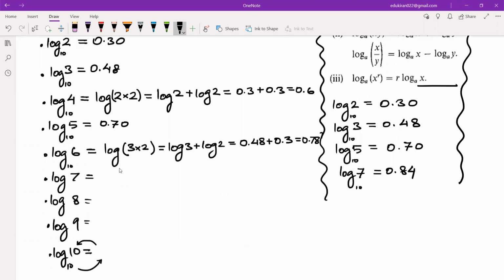Sir, 1. Very good. है ना? And you calculate these. Okay, 7 का तो हमने बताया ही हुआ है 0.84. So you just calculate for 8 and 9 and then you tell me in the chat. Others also can write this down.